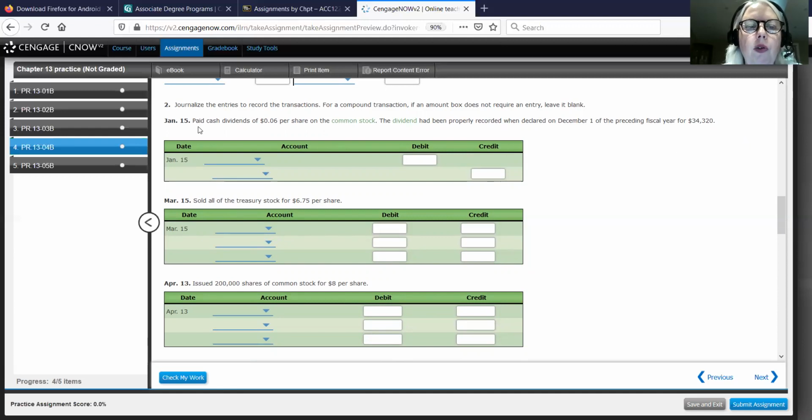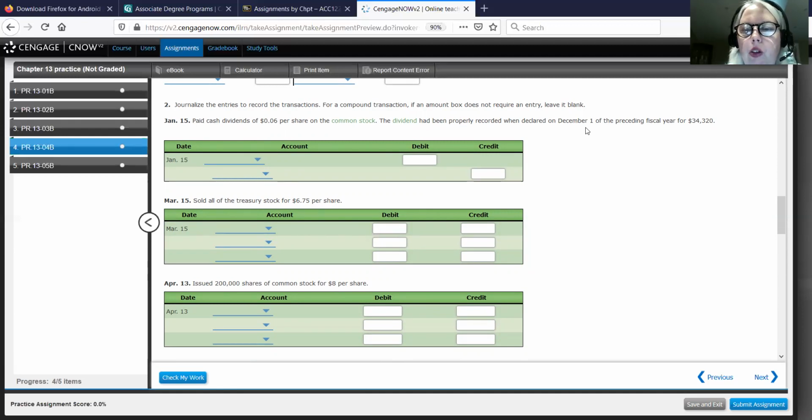So because we are actually paying our cash dividends, we're going to have to record this transaction as if it were recorded as a liability on December the 1st.